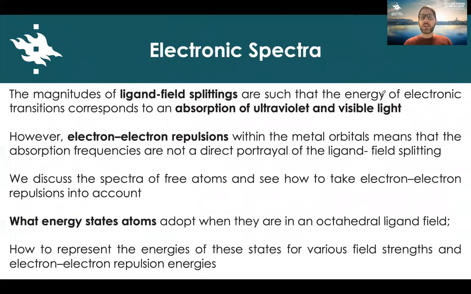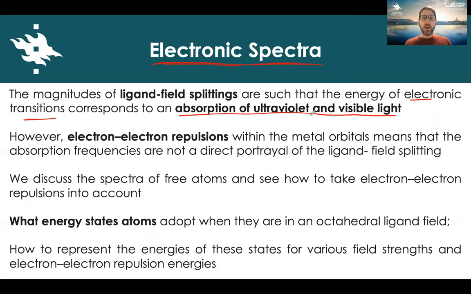Okay, so let's use this knowledge now to study how we can understand the electronic spectra of complexes, because the electronic spectra are a result of electronic transitions that occur in these complexes and lead to absorption of ultraviolet and visible light.